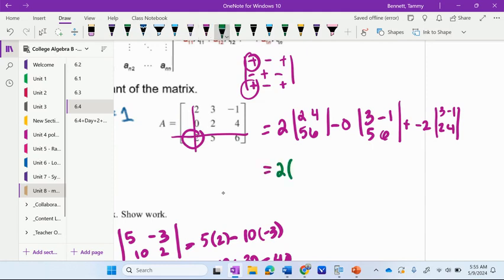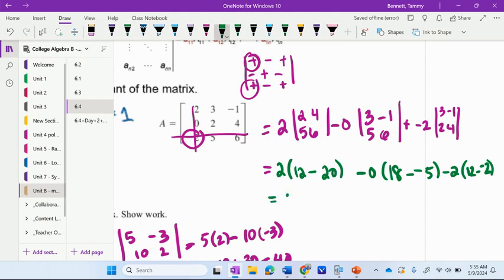So 2 times 6 is 12, minus 4 times 5, 20, minus 0 times 18, minus negative 5, minus the diagonal going up, and then plus negative 2, I'm just going to make that minus 2, times diagonal going down is 12, minus diagonal going up, negative 2.